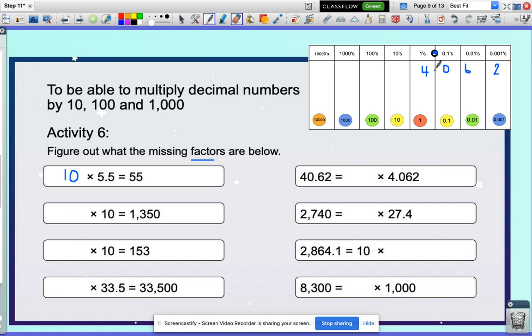Okay, decimal point there. And we've got to 40, so that's moved to there. So each digit has moved one place to the left. Therefore, it must have been multiplied by 10. So you can use your place value chart on Seesaw to help you work out these missing factor questions.